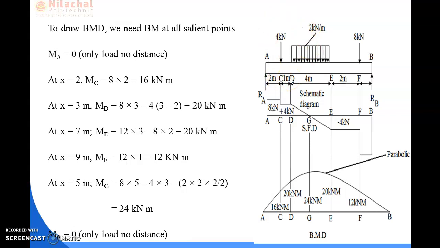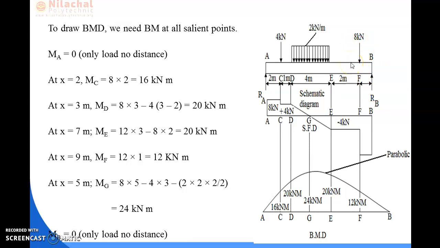Okay. So now for the calculation of bending moment at point E, we need to look at the right side of the section. Here is one loading condition and here is another loading condition.